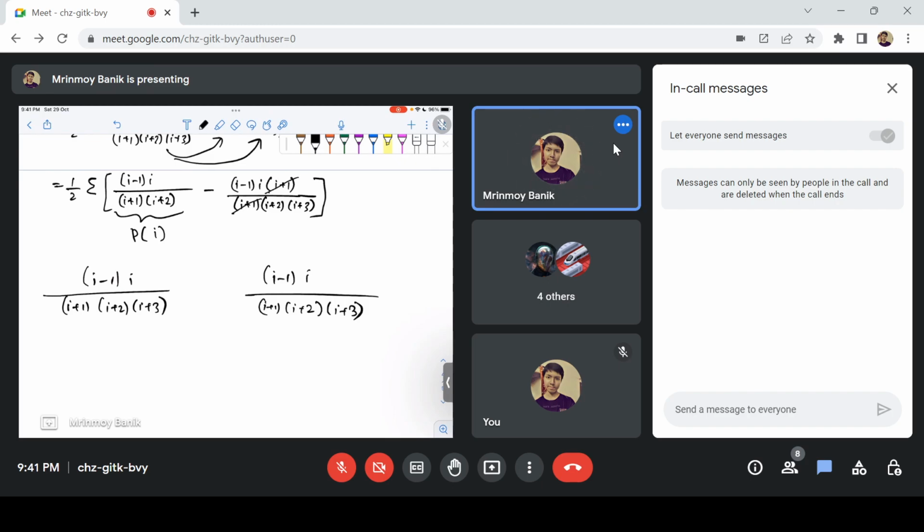If we take, okay, if I take I plus 4 and I here in the denominator, no, how will I cancel them?